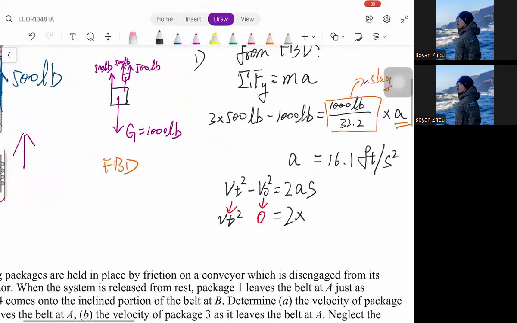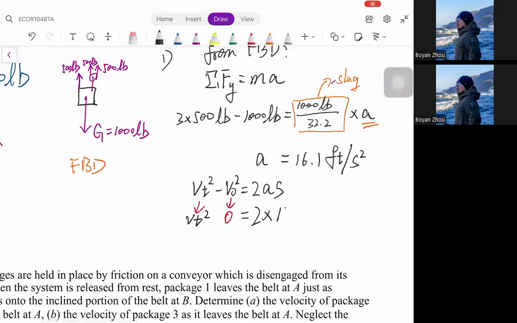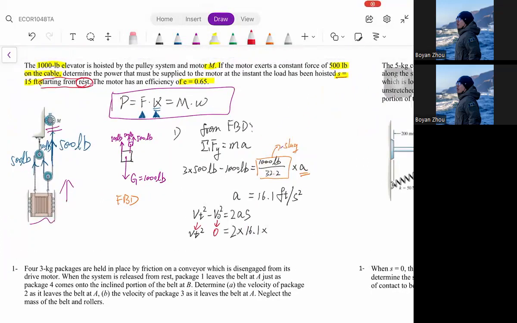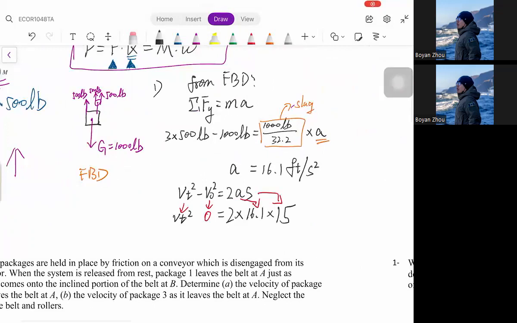So 2 times the acceleration we already found, 16.1, times the displacement, s equal to 15.